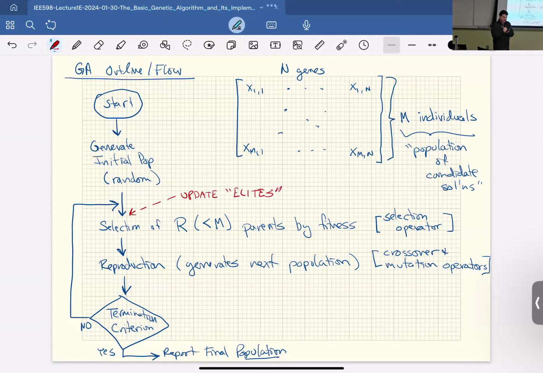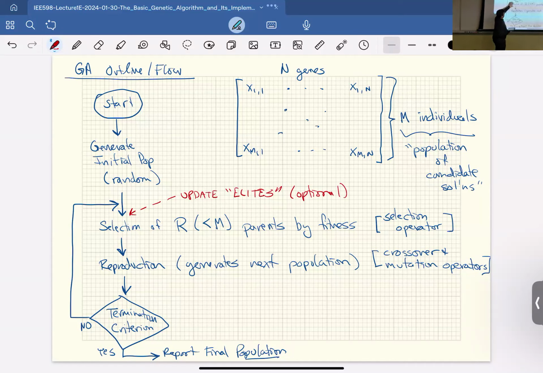And so this is optional. You find that some evolutionary algorithms, genetic algorithms have elitism, which we're going to talk about. Some don't. So that's why I'm putting that in red with the dashed line. So this is where that would happen. But for now, this is the basic flow.